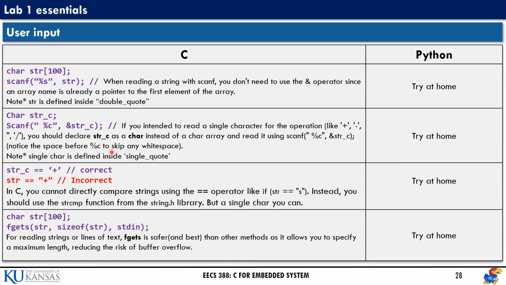Here we can see how we interact with the user in C. To collect the user's response, we have several predefined functions we can use. These functions are already written for you. We can use scanf, or we can use fgets, and these functions can read data from the user.